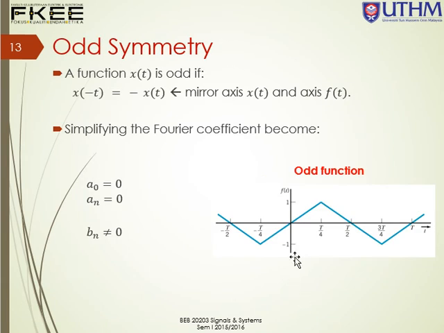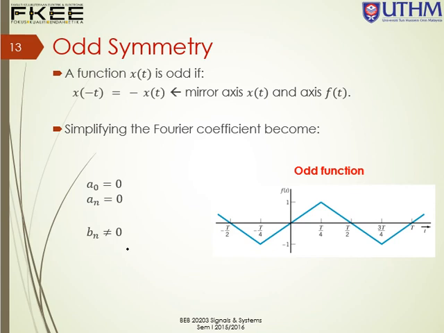Okay, so let's do the odd symmetric signal. Here is one example of an odd symmetric signal. If you have this kind of signal, your a_0 value will be equal to 0, your a_n value will be equal to 0, but your b_n is not equal to 0.